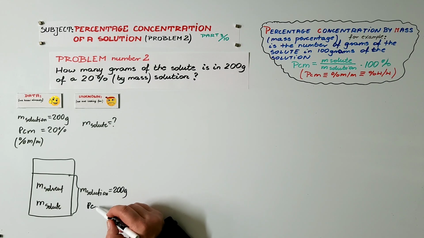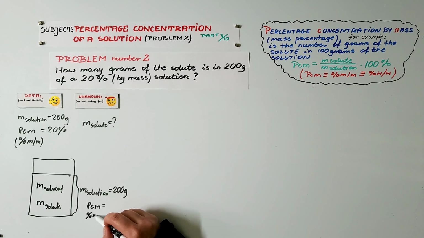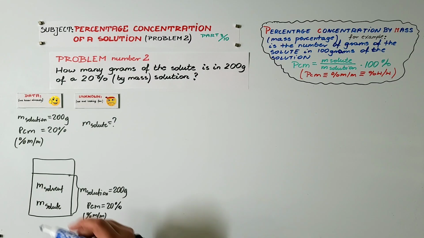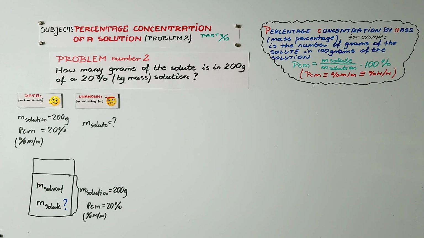And percentage concentration by mass, 20%. What we need to calculate? Mass of solute. Let's solve this problem in two ways, based on proportion and based on formula.